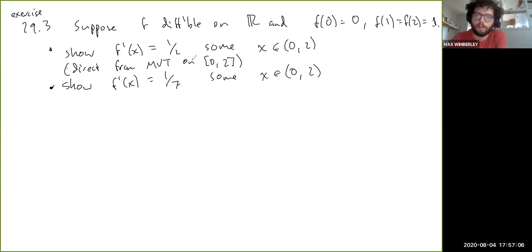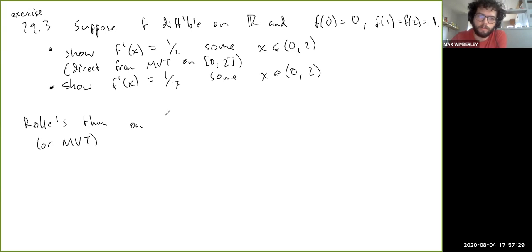So somewhere between f of 1 and f of 2, right? So Rolle's theorem or the mean value theorem, they're the same, really. When Rolle's theorem applies, then the mean value theorem always applies.